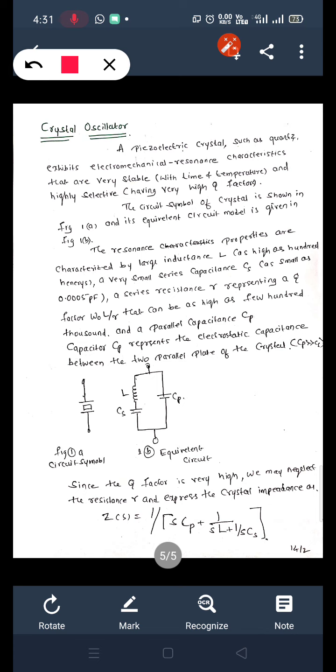Therefore CP should be very much greater than CS. Since the quality factor is very high, we may neglect the resistor R and express the crystal impedance as Z of s equal to 1 over s CP plus 1 over s L plus 1 over s CS.